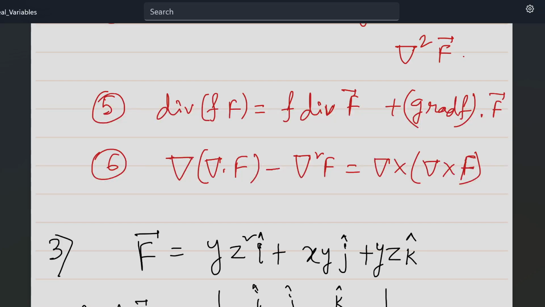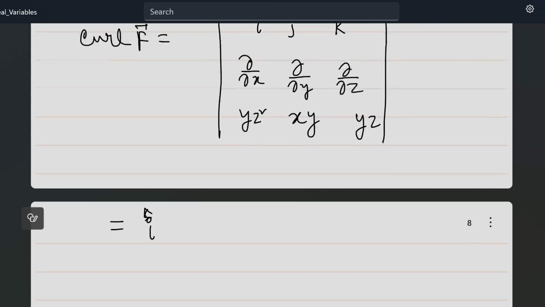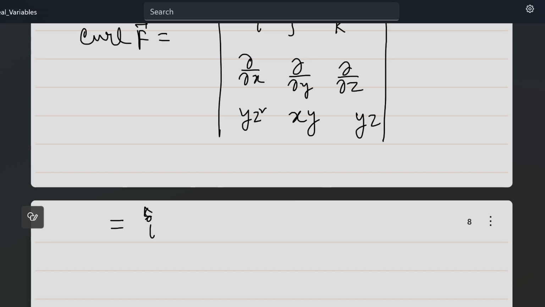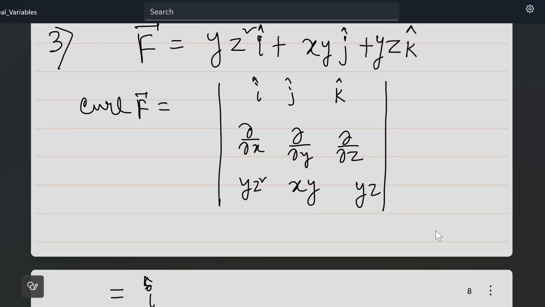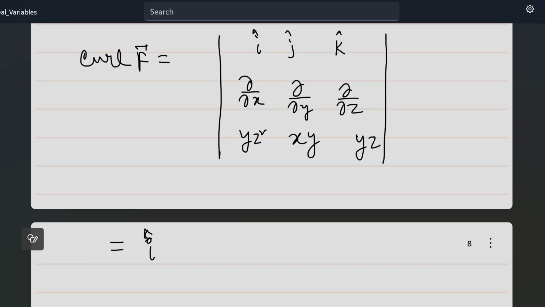Tell me what the answer is. I just wrote the determinant. So tell me what is the determinant. Quickly, I'm waiting for your answer.